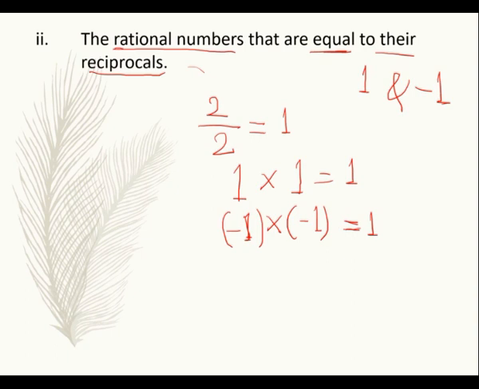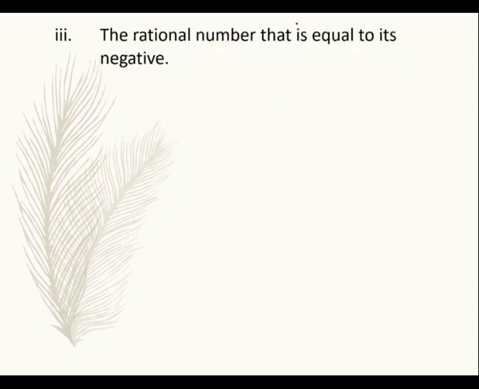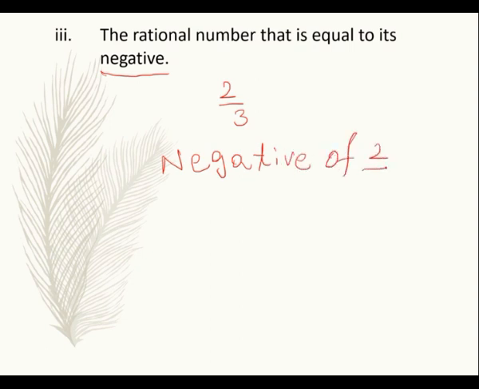Now, coming to sub question number 3. The rational number that is equal to its negative. So, first we shall know the meaning of negative. What is the meaning of a negative? If you consider any rational number, then negative of it is just finding image of it.